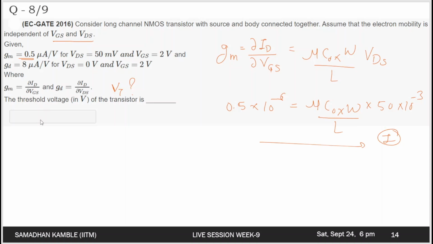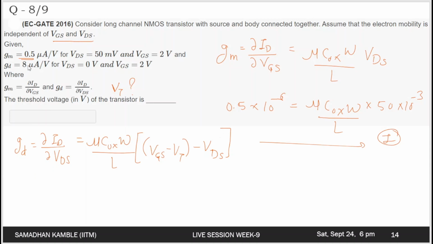Similarly, we know that the GD value, which is nothing but ∂ID by ∂VDS, is given by the following relation. We just need to differentiate ID with respect to VDS, so we'll get it as follows: mu Cox W over L times VGS minus V threshold minus VDS.